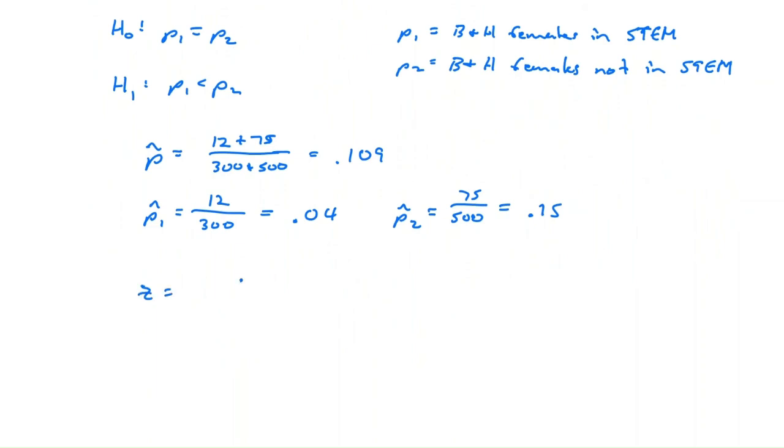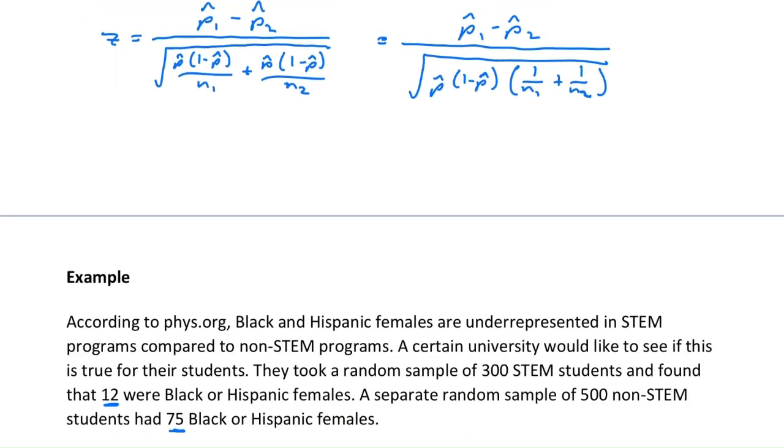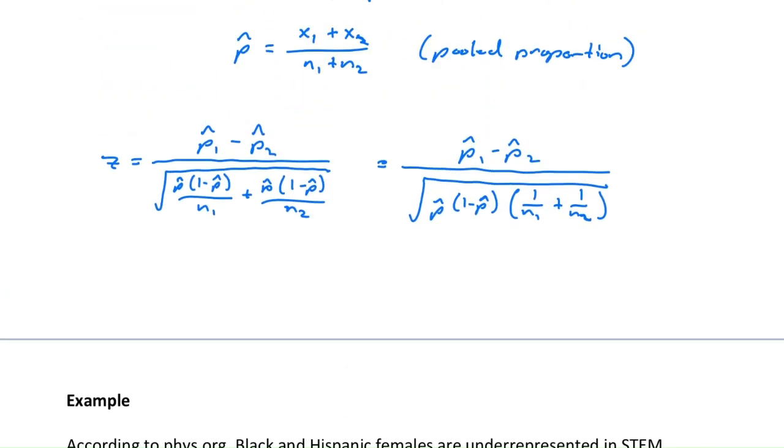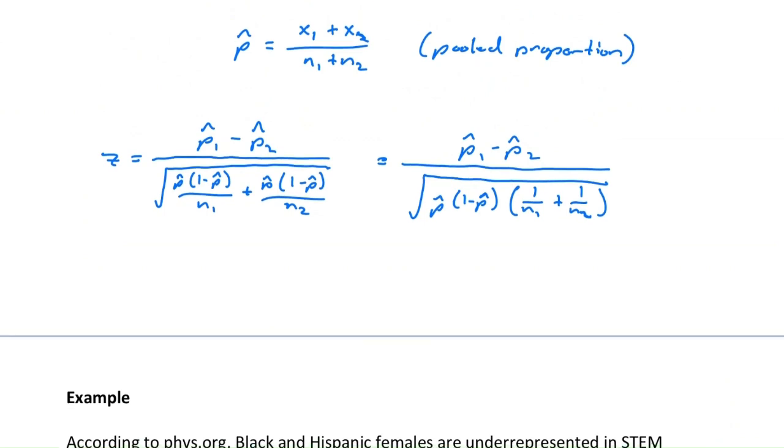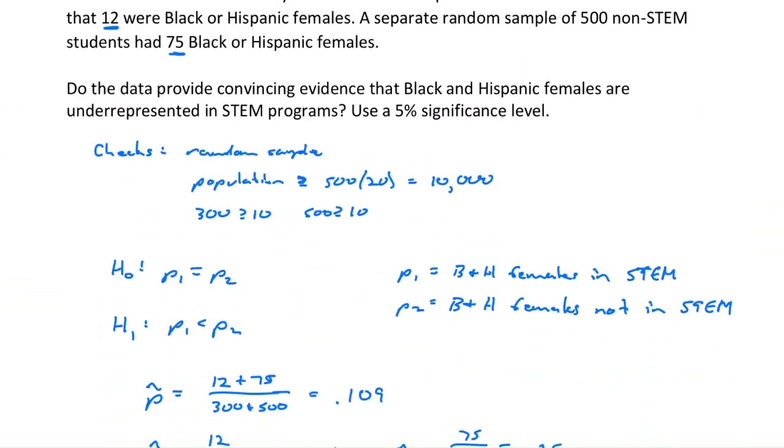Z is P1 hat minus P2 hat divided by the square root of P. I'm going to use, so again, I mentioned that there's two formulas up here. My personal preference is the first one, but I think I'm going to do the second one just because if you haven't set a preference yet, if you haven't done this before, I think maybe the second one might be a little bit easier for you to grab onto.